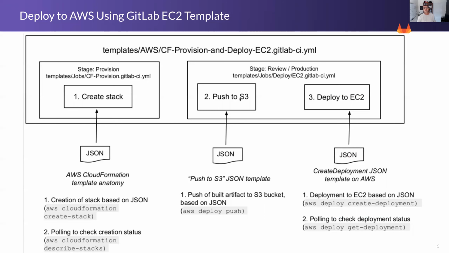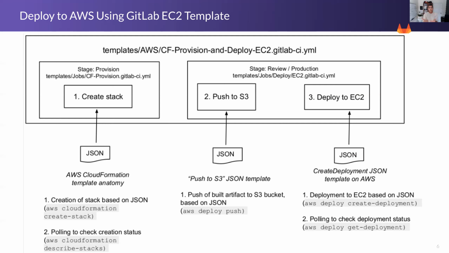The second job is push to S3. Basically, push to S3 will do exactly what AWS CodeDeploy push does, which we saw in the AWS documentation. In the backend, it is using that command.